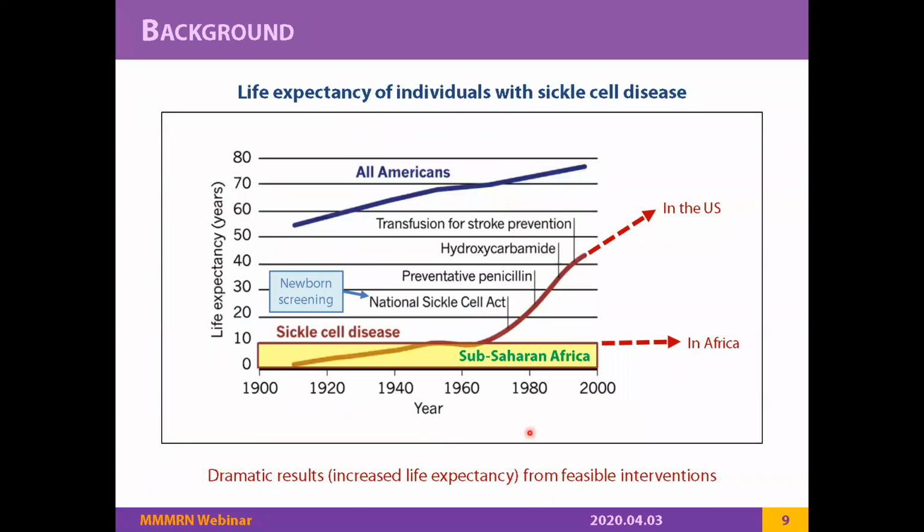So if you look at sickle cell disease from a first world country's point of view and a developing or underdeveloped country's point of view, we're comparing the life expectancy of citizens of the United States over about 100 years. You can see all Americans who don't have sickle cell disease have a higher life expectancy compared to people who have sickle cell disease.